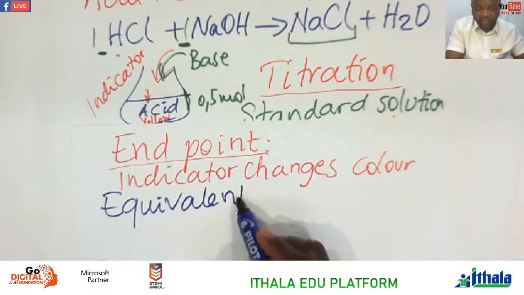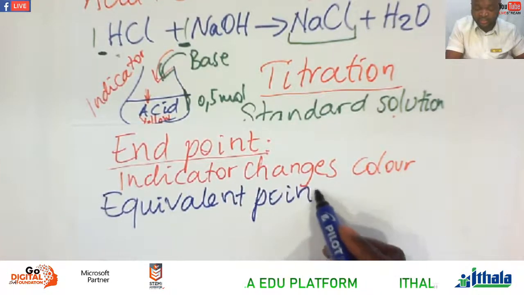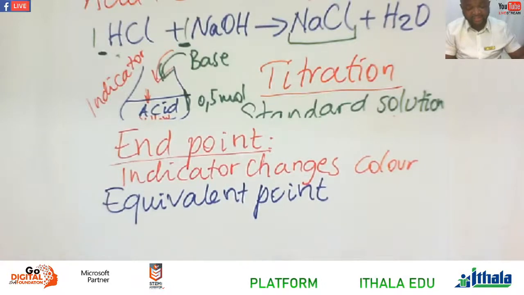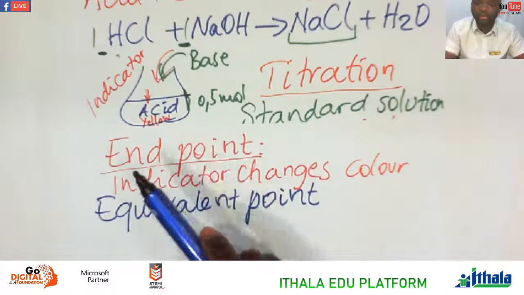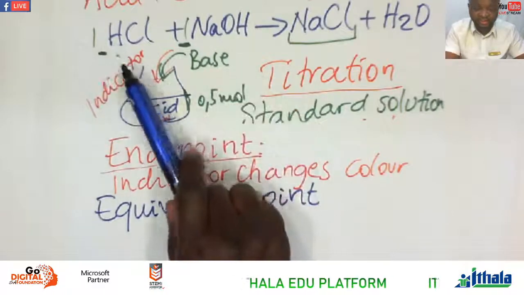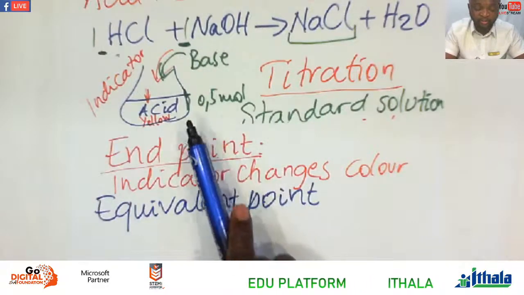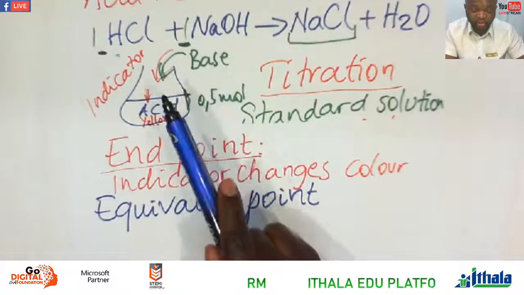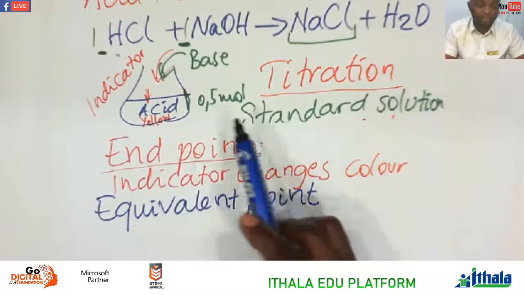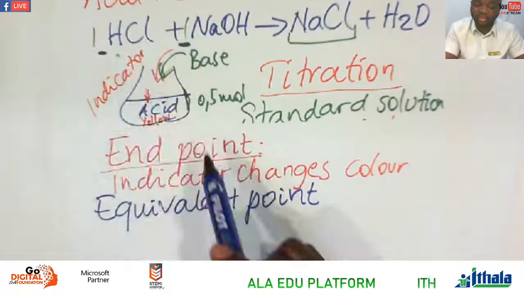The equivalence point is the point where the acid has exactly reacted with the base according to the chemical reaction. Generally it is 1:1, so the number of moles of the acid is now equal to the number of moles of the base, because the reaction here is 1:1.